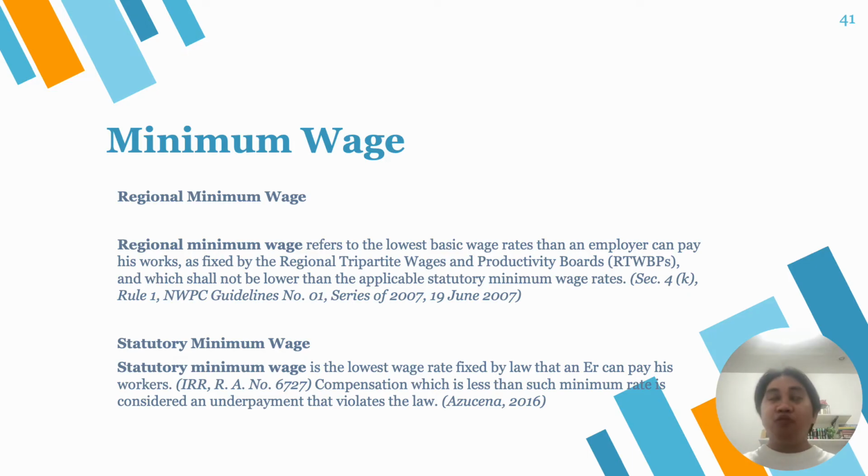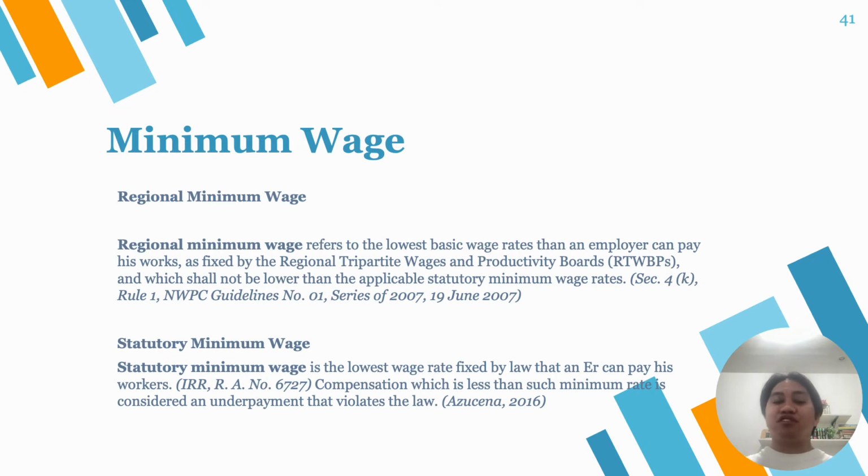Then we also have what we call the regional minimum wage, which is the lowest amount that an employer can pay the workers, which is fixed by the Regional Tripartite Wages and Productivity Board. The regional minimum wage should not be lower than the applicable statutory minimum wage.